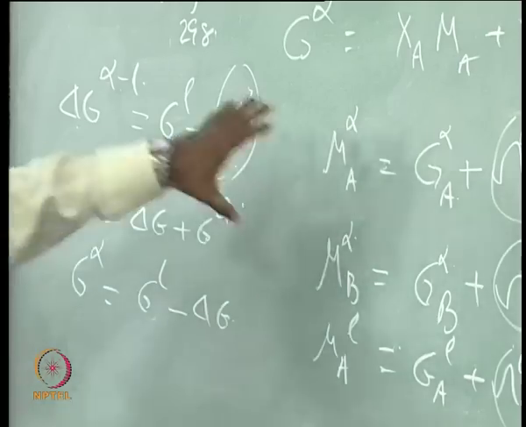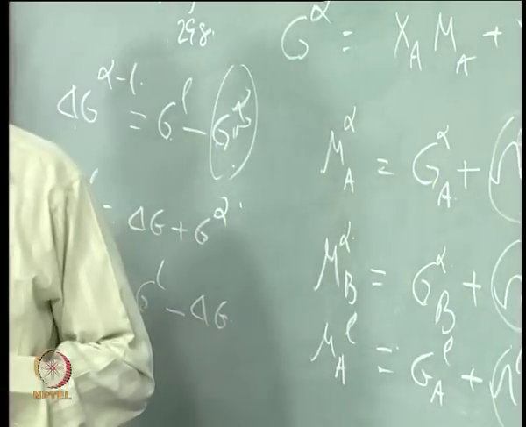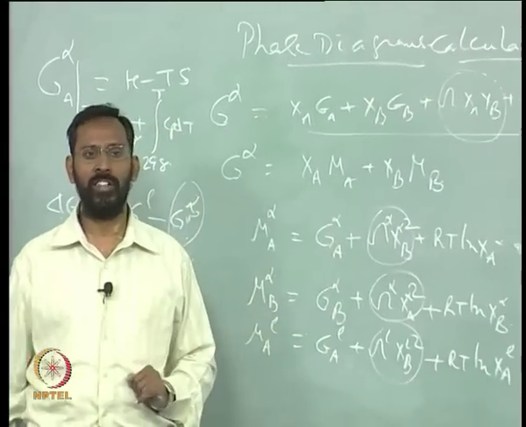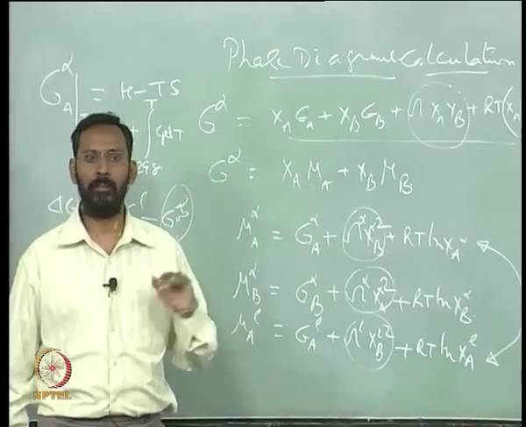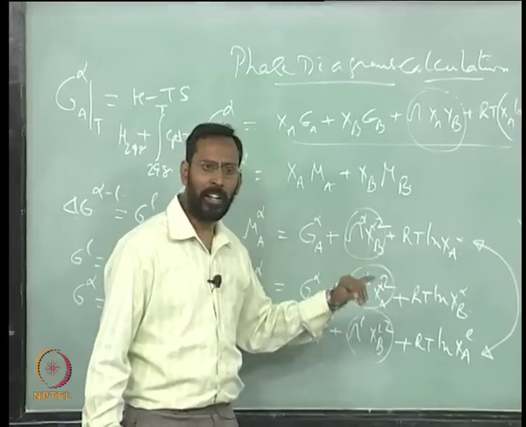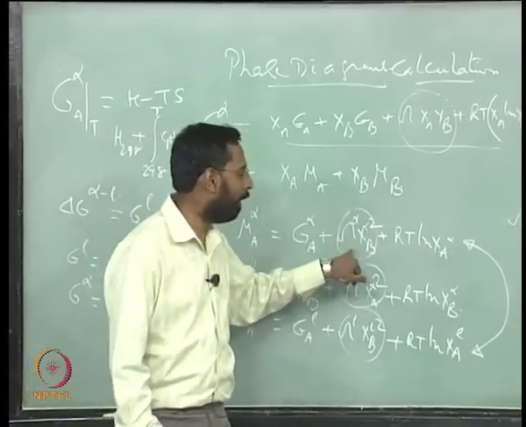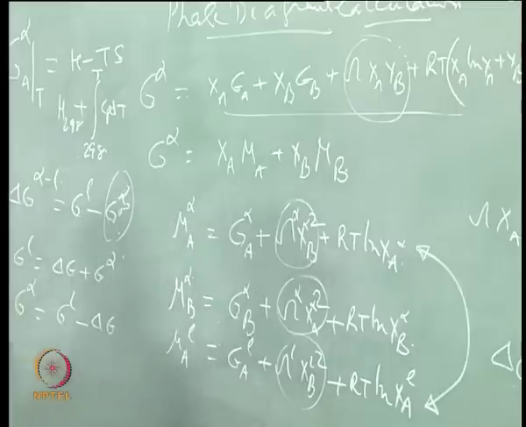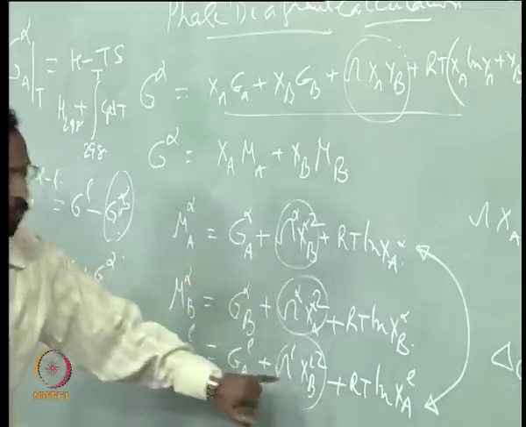So what we need for any such phase diagram calculation is the pure metal free energies at that temperature, and if the system is not following an ideal solution but a regular solution model, I need to know the interaction parameters.